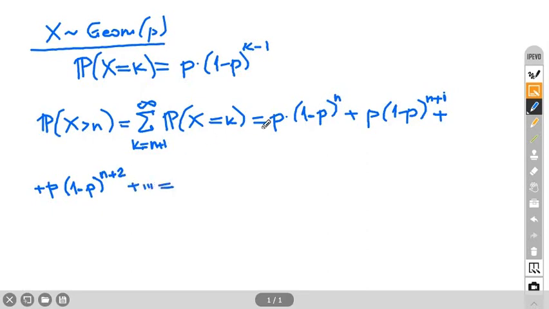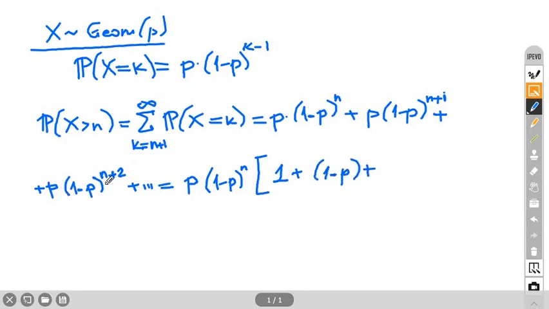If we take out that factor p, and also take out (1 minus p) to the n, we will be left with 1, plus here I will be left with 1 minus p.